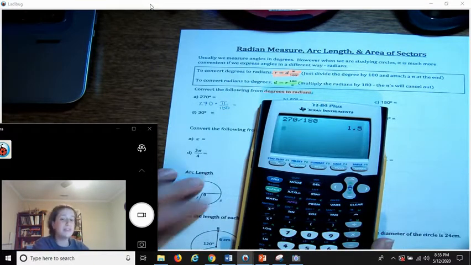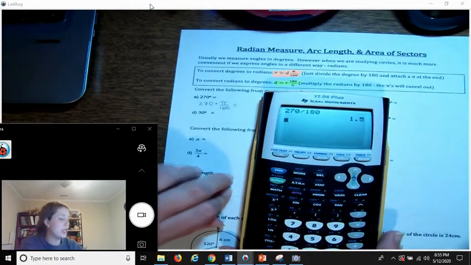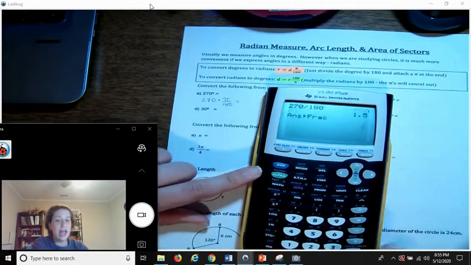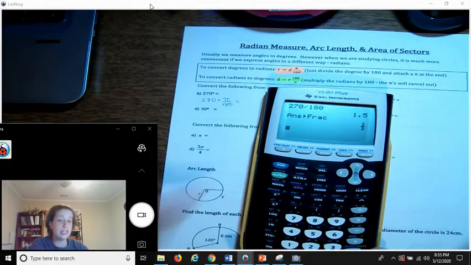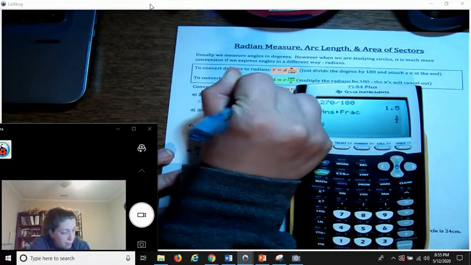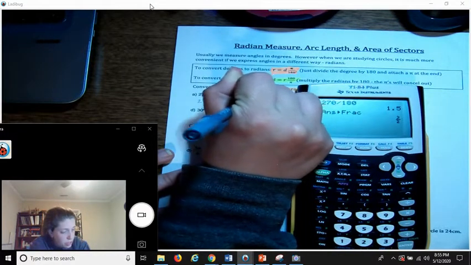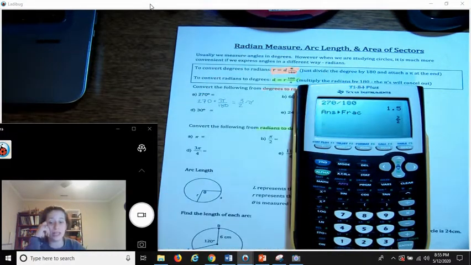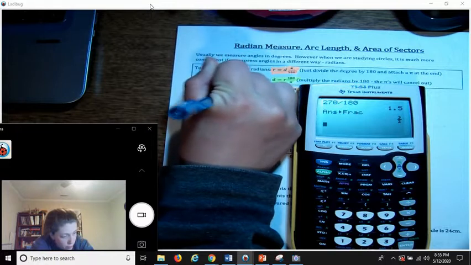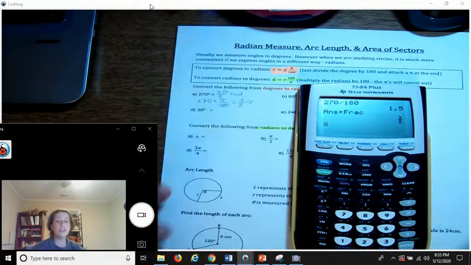You can do this fancy thing on your calculator where you click the math button and then enter, and it should turn your decimal into a fraction. This happens to be 3 halves. Then we need to attach our pi that we didn't put in the calculator. So 3 halves pi radians, 3 pi over 2, is equivalent to 270 degrees. That's all we're doing with this.